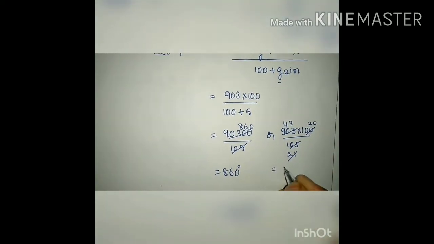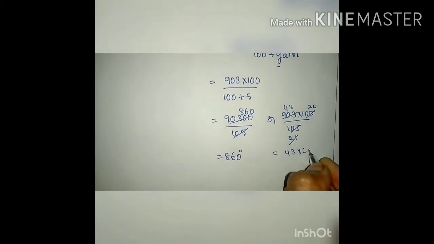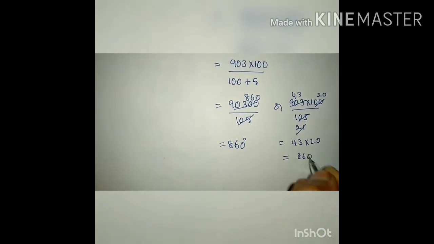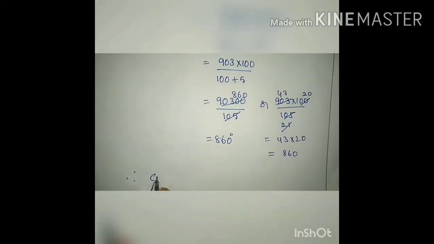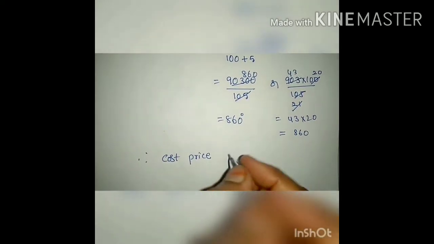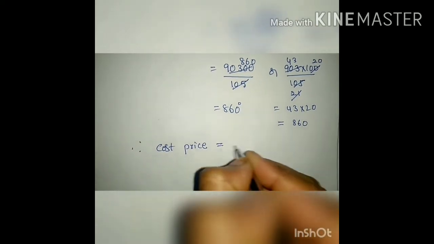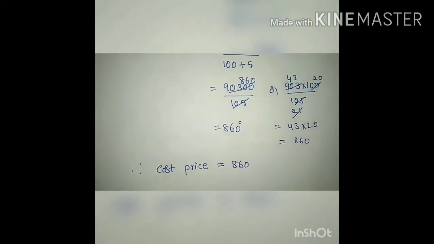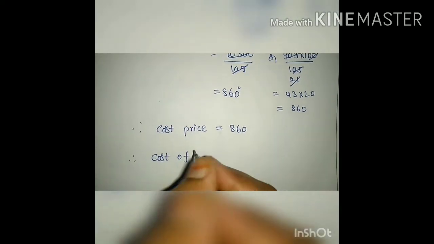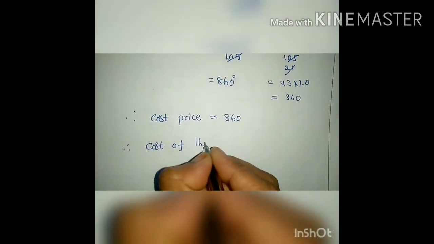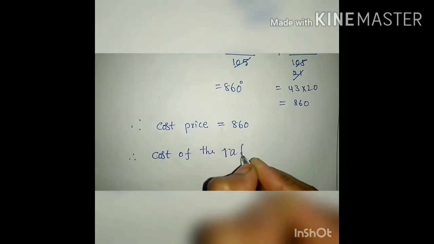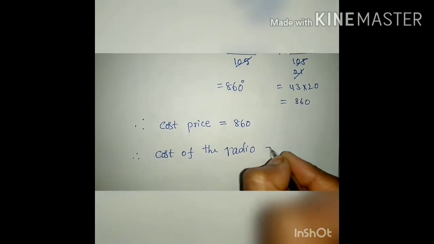So that is equal to 43 into 20, which equals 860. Therefore, cost price equal to 860. Therefore, the cost of the radio equal to 860 rupees.